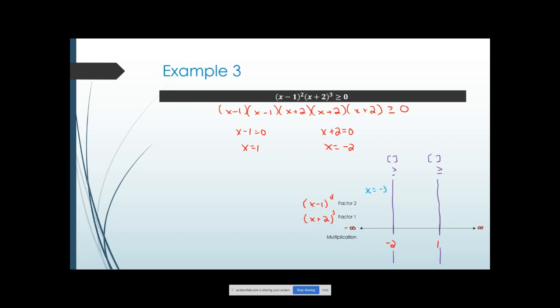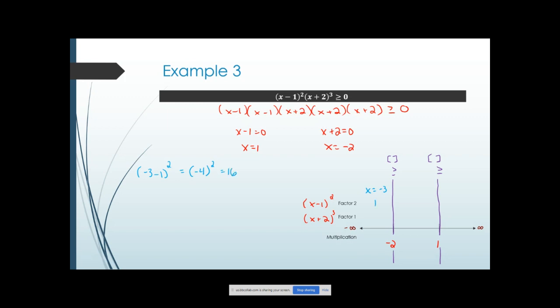And we do have to pay attention to the exponents here. So if I plug x equals negative 3, and I will just write it to the left, into the factor x minus 1 squared, we'd have negative 3 minus 1 squared, which negative 3 minus 1 is negative 4 squared, and that will give you positive 16.